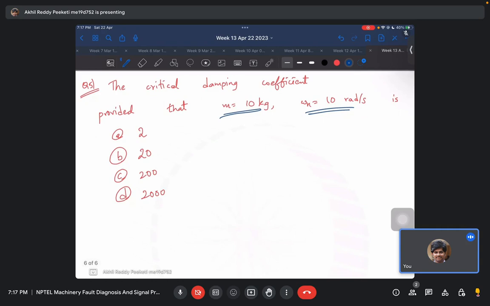So this we have discussed in our earlier classes. The critical damping coefficient is 2m omega n when you know the mass and the natural frequency.